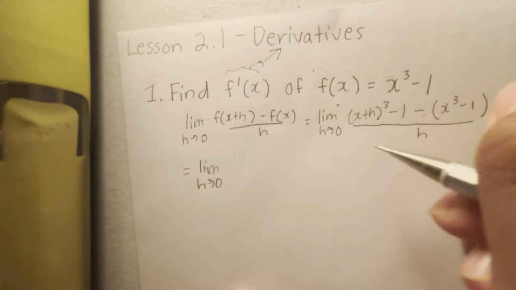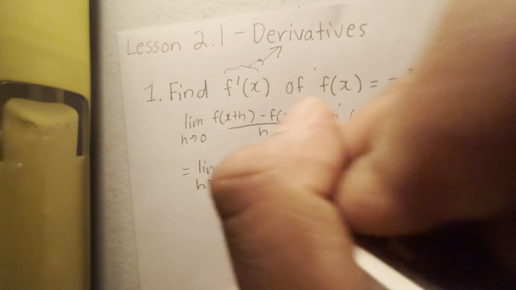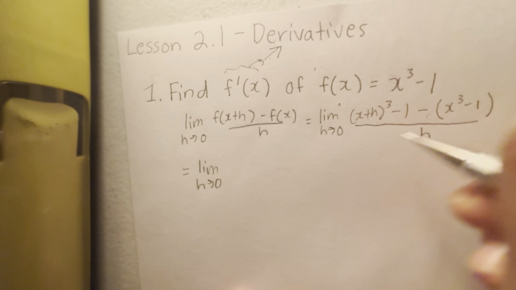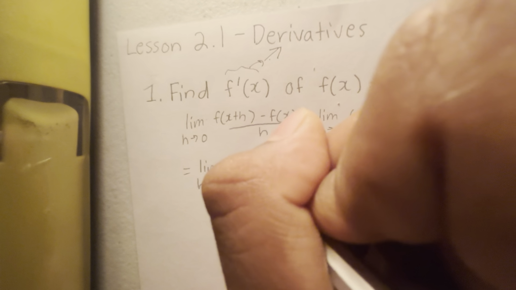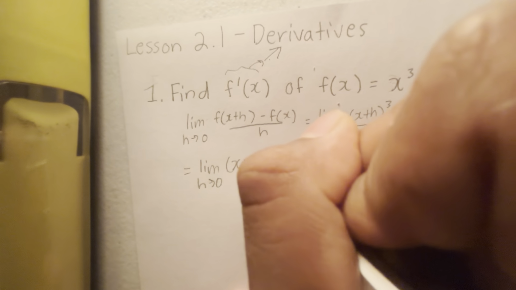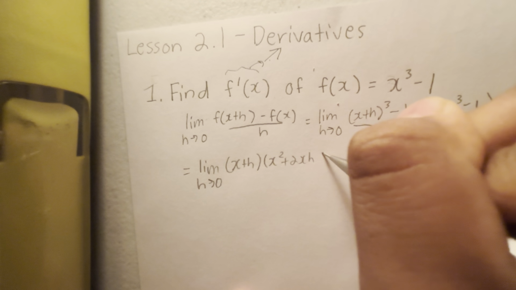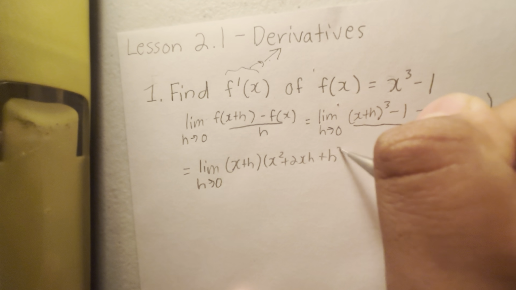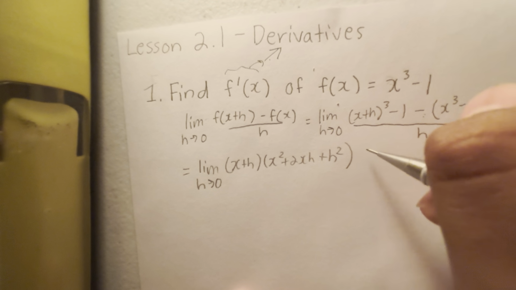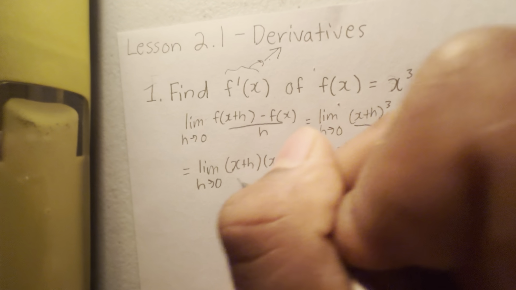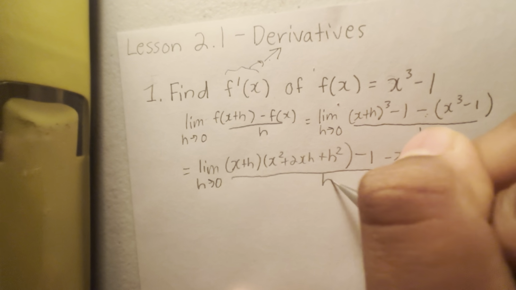So then we have to factor this and cancel stuff out. So you would get x plus h times x squared plus 2xh plus h squared, right? And then you would do minus 1 minus x cubed plus 1, all over h.